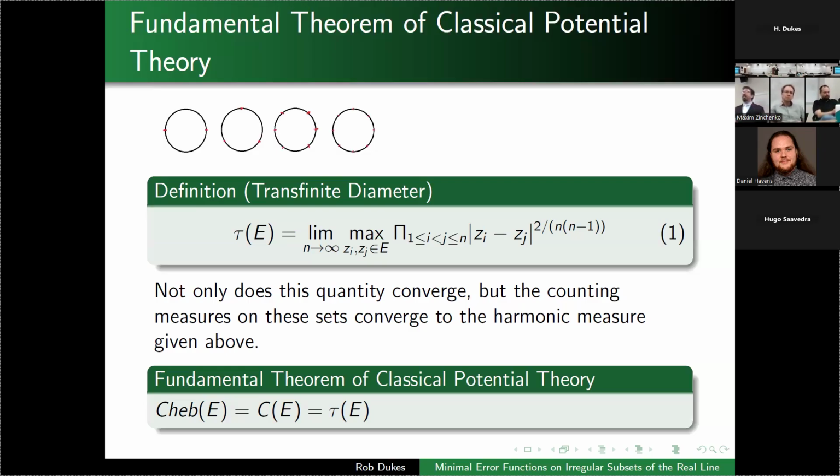What's nice is it is the same as the Chebyshev constant we said before: the nth root of the norm of the nth Chebyshev polynomial, taken to infinity. And it's the same as that capacity we just found from the Green's function. There are three different ways of saying the same thing. And even better, you can use the counting measure on these sets, called Fekete sets, and you can approach the harmonic measure we had above.